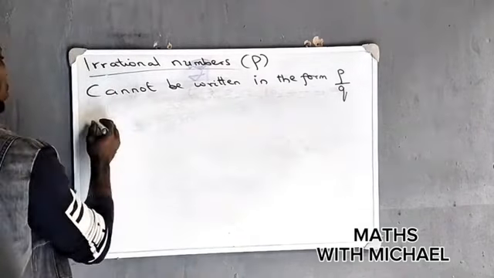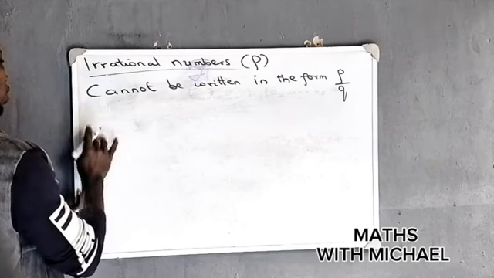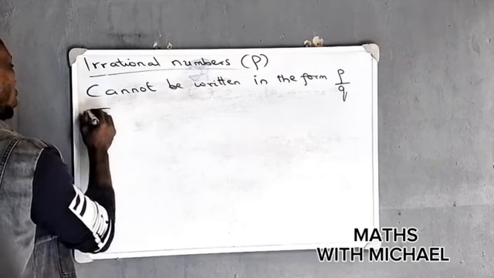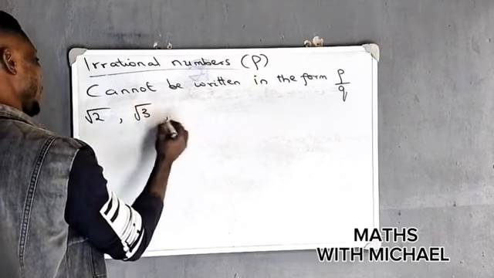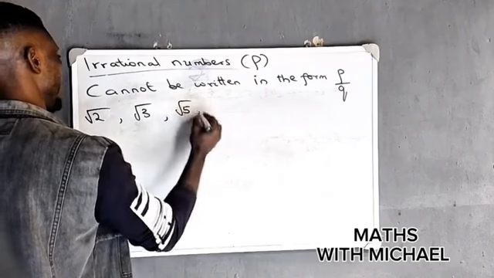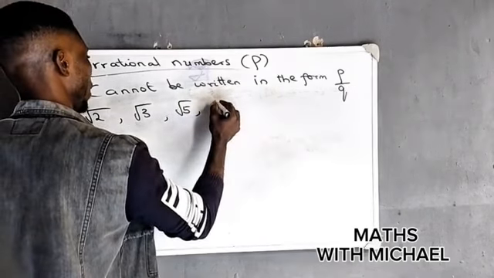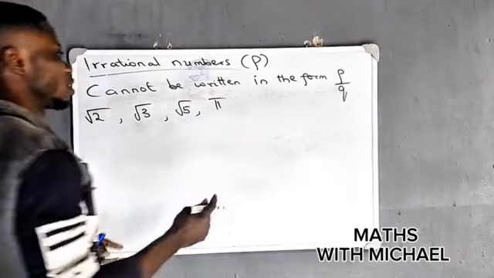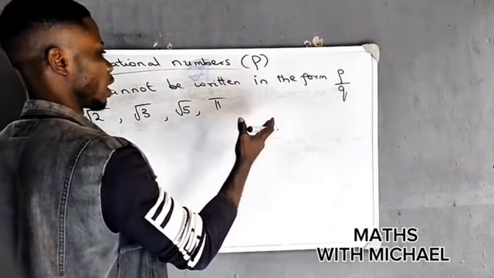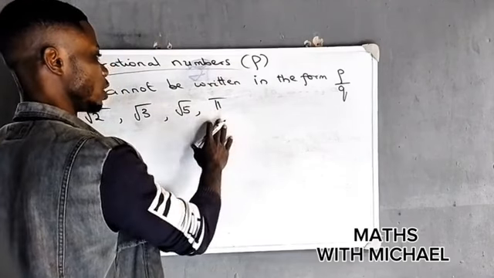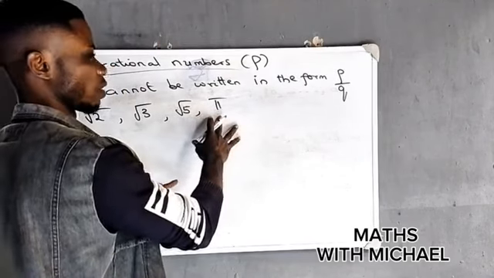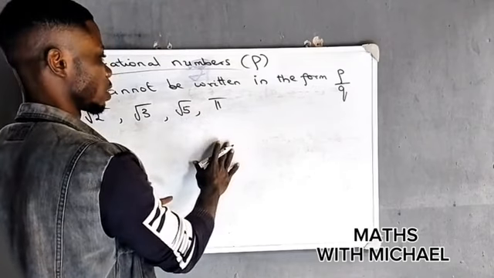Now we have these numbers. Irrational numbers will include numbers such as root 2, root 3, root 5, pi, which is the ratio of the circumference of a circle to its diameter. That is the circumference of a circle all over the diameter of the circle.